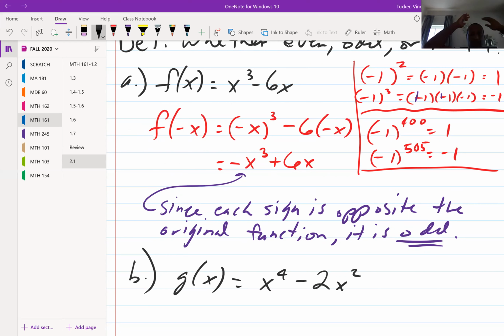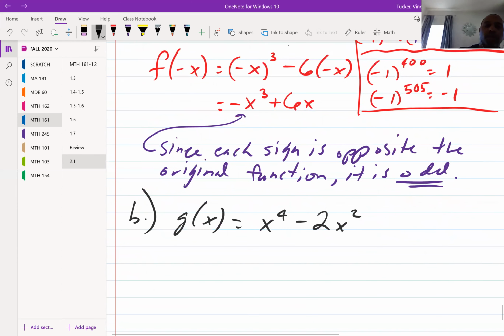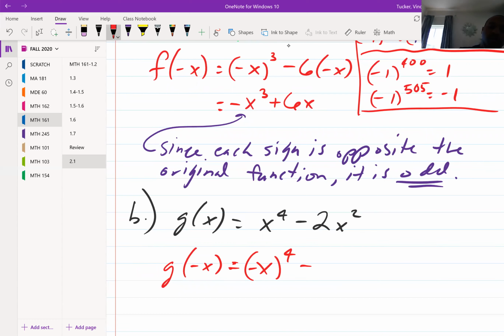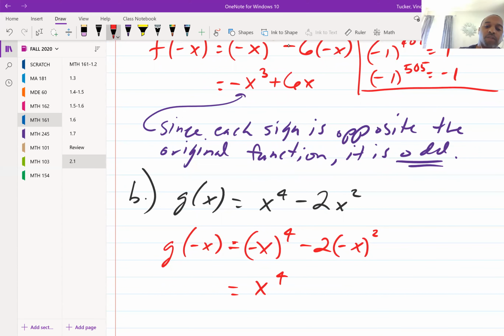All right, so g of x is equal to x to the fourth minus 2x squared. We'll do the same thing, plugging in negative x. All right, so this even power allows the negative to cancel out completely, giving me x to the fourth.